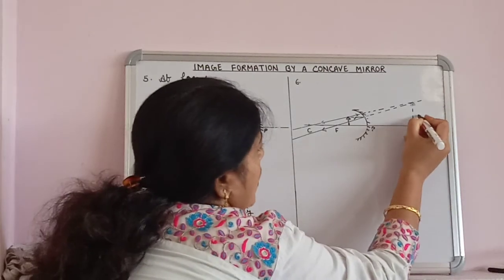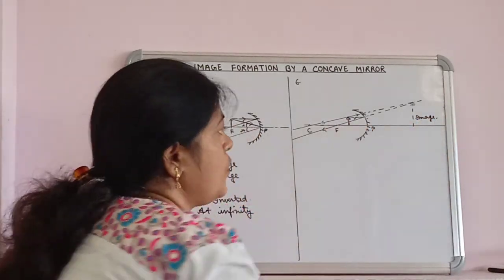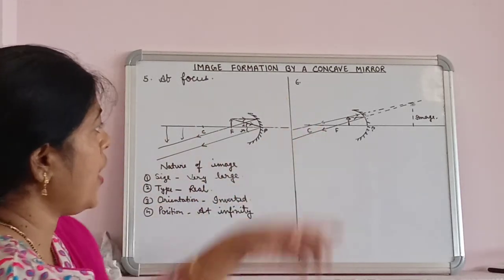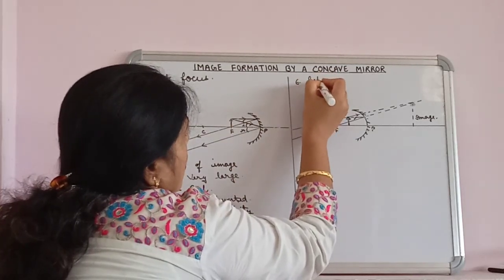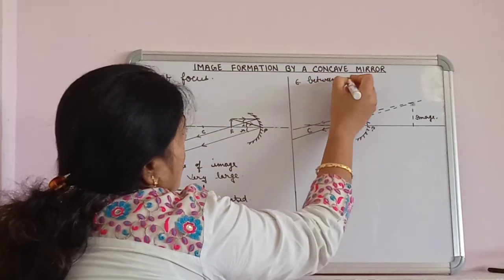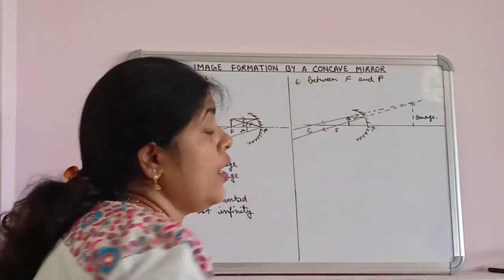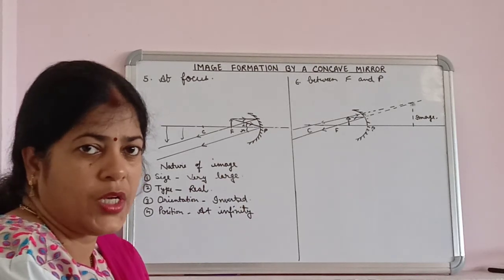Okay, so this is the image and this is the object, right? So this is the only case where the object is placed between focus and pole, then we get the virtual image of the object.